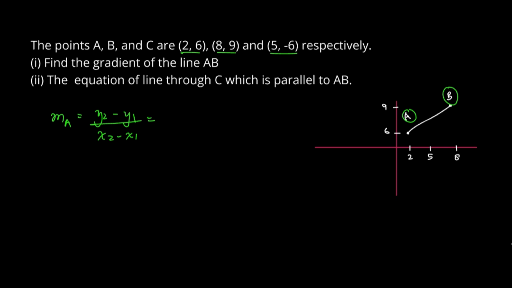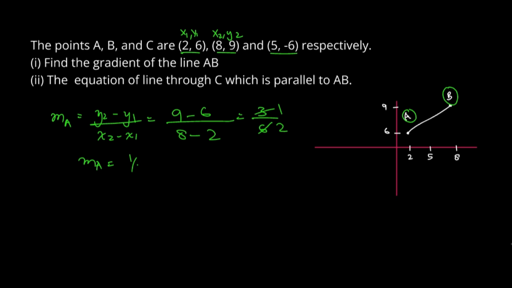So let's call (8, 9) as x2 and y2, and let's call (2, 6) as x1 and y1. So the gradient will become 9 minus 6, that is y2 minus y1, divided by 8 minus 2, that is x2 minus x1. 9 minus 6 is 3, and 8 minus 2 is 6. So 3 goes into 3 one time and into 6 two times.